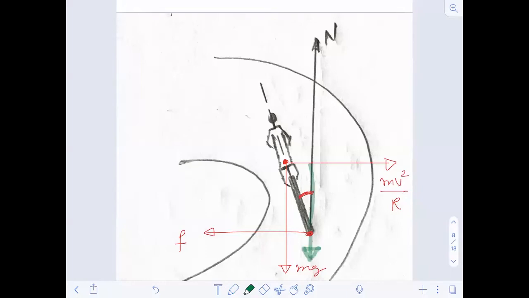If he is not tilting, the mg will be along this line. Now, if you take the moment about this point O, what is going to happen? Tell me, about the point O, if I take the moment of the forces, what will happen?